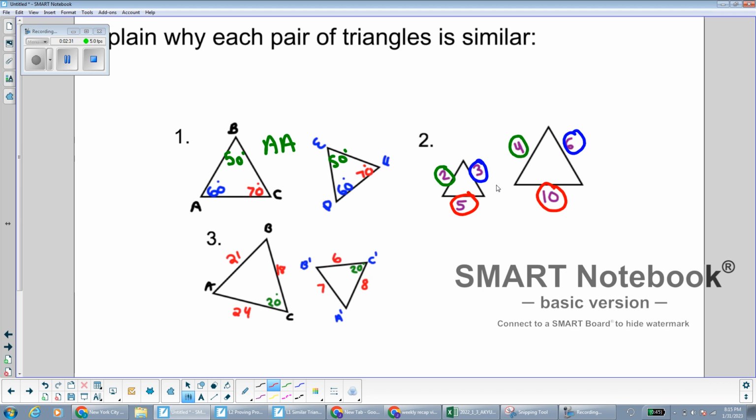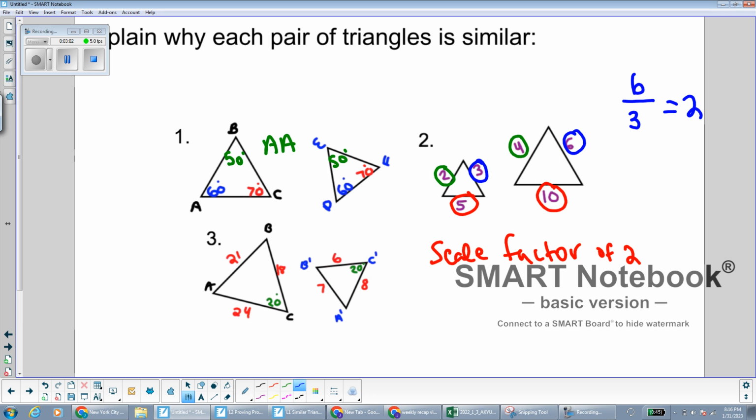And in fact, they're proportional by a scale factor of 2. In order to find the scale factor, you can take a side of the bigger triangle and divide it by the corresponding side from the smaller triangle. And there we have the scale factor of 2.